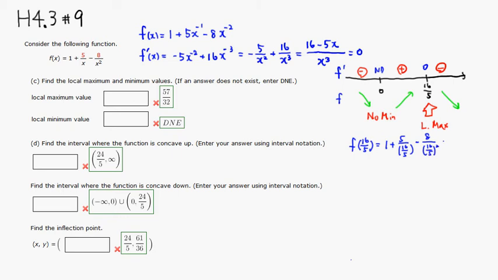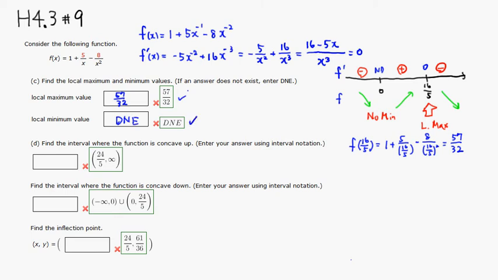I would think that this is going to turn out to be 57 over 32. So that's why it's 57 over 32. And there is no local minimum, so it does not exist. So we got those.